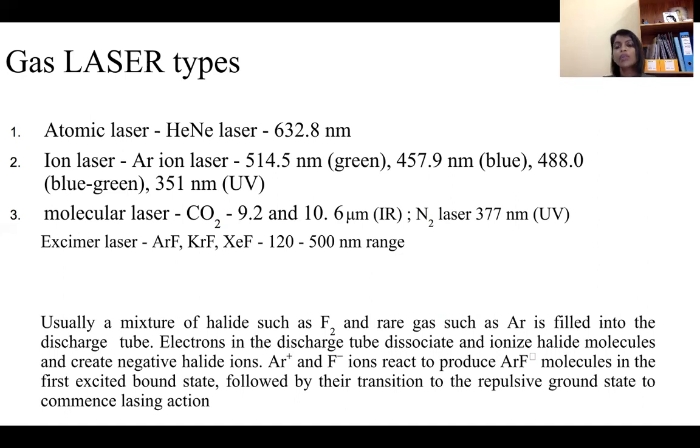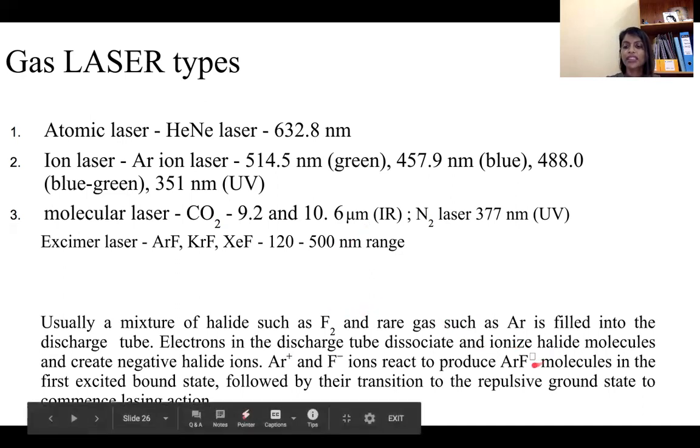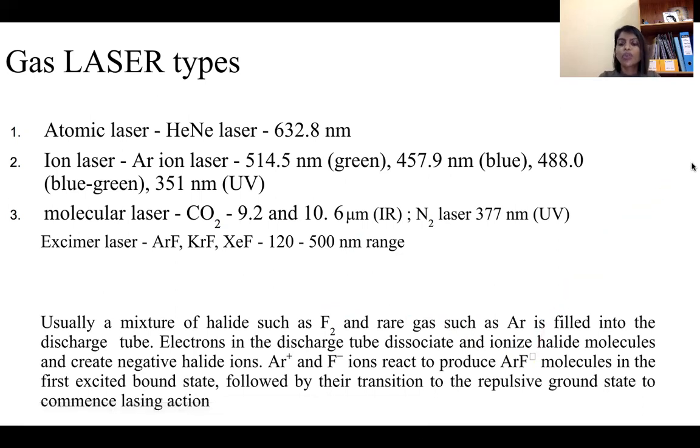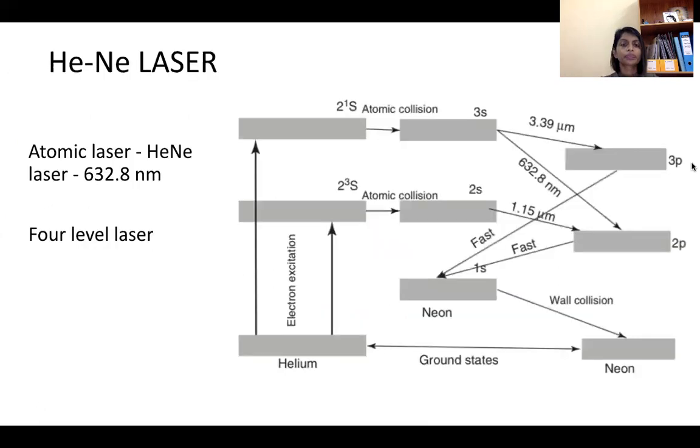They get together and produce the argon fluoride excited level. There should be an asterisk here showing that it's an excimer. Argon fluoride molecules in the first excited bound state are followed by transitions to the repulsive ground state to commence lasing action. You can read more about these excimer lasers if you want to, but I'm not going to go into detail because there's a lot of chemistry involved.